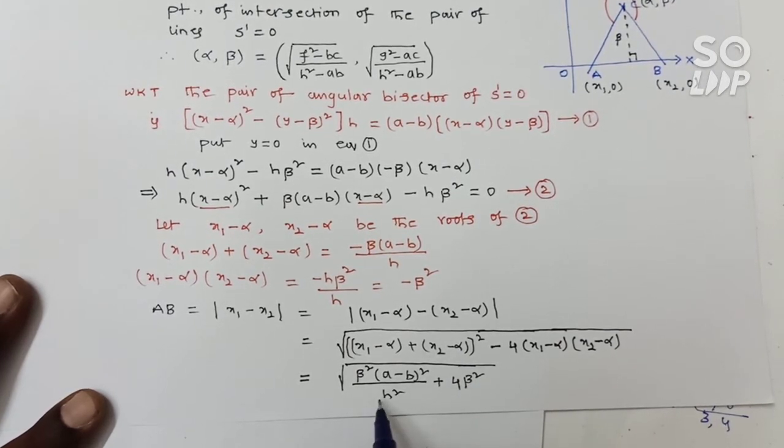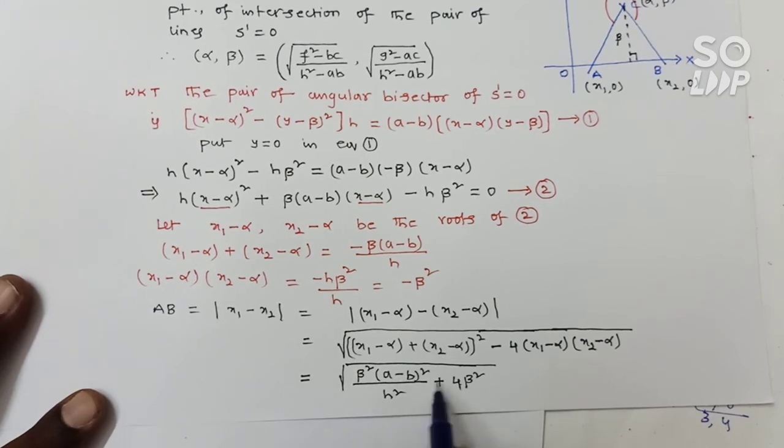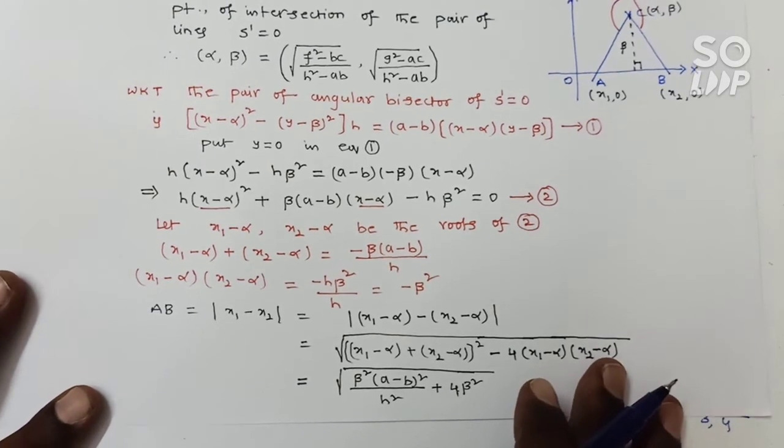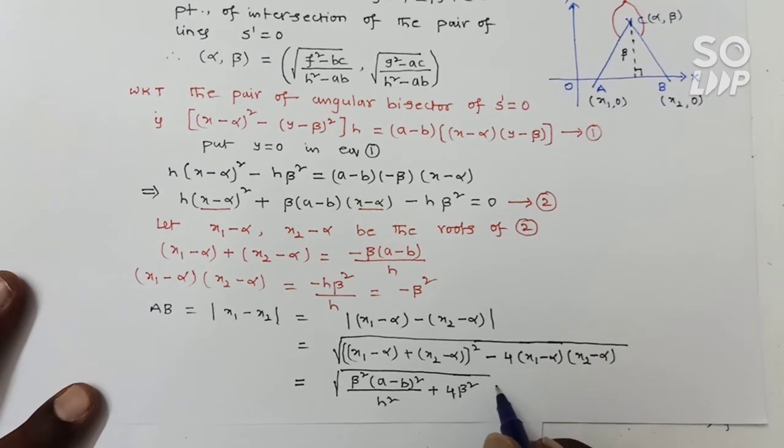Now take the LCM and take beta square as common.